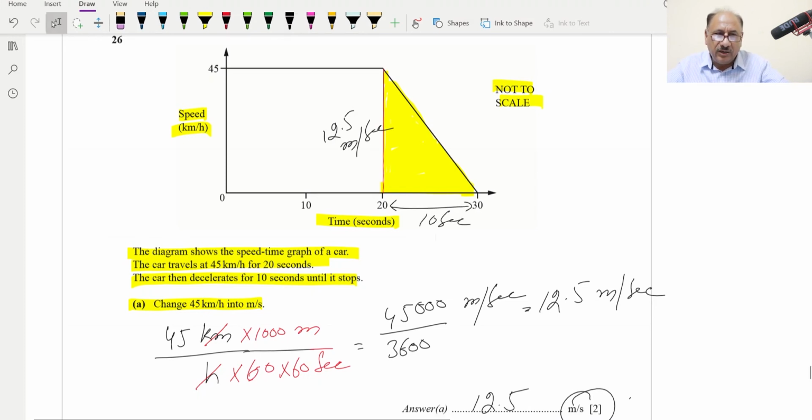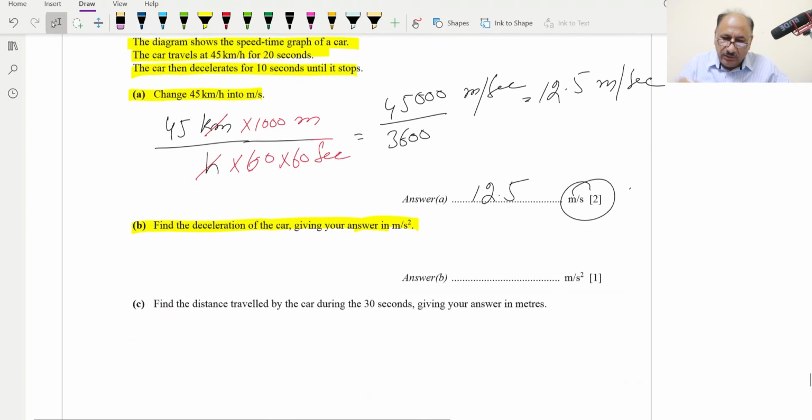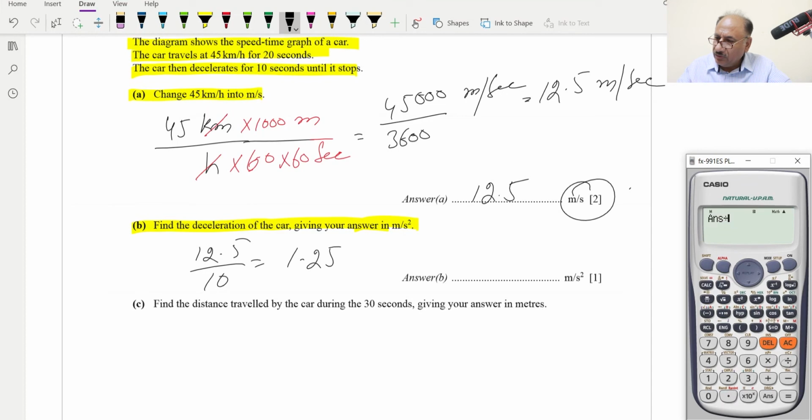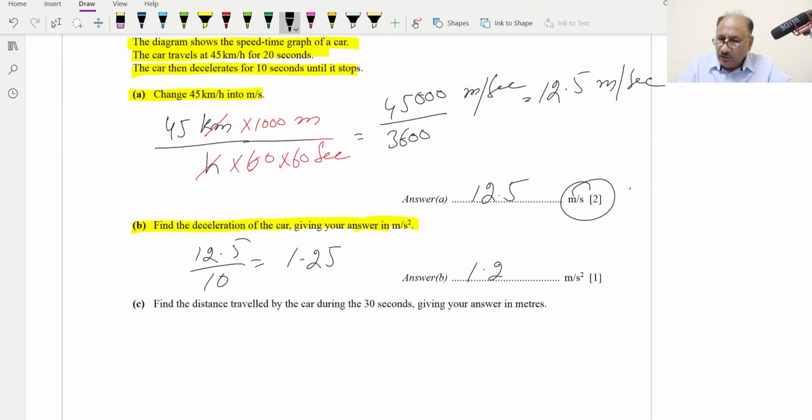So 12.5 will be divided by 10, and this will be equal to 1.25. You can divide and check as well. So 12.5 divided by 10 will be equal to 1.25. So 1.25 meter per second squared, unit is already there.